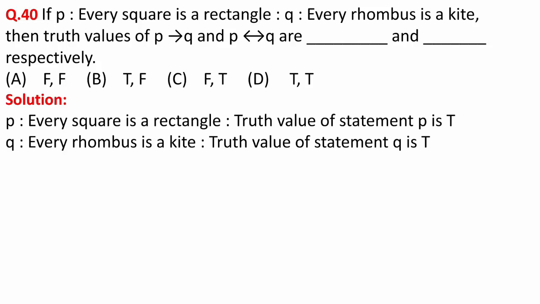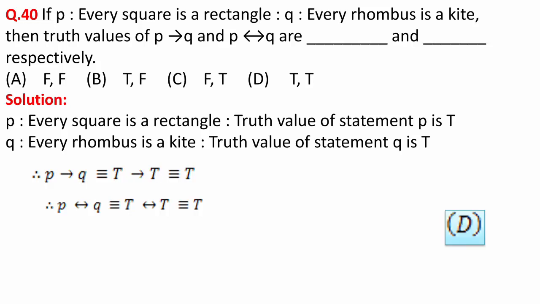P is every square is a rectangle, truth value of the statement is T. Q is every rhombus is a kite, truth value of the statement is also T. Therefore, P implies Q is T implies T, which is T. And P if and only if Q is T if and only if T, that gives T. And hence truth value is T, T, which is nothing but D.